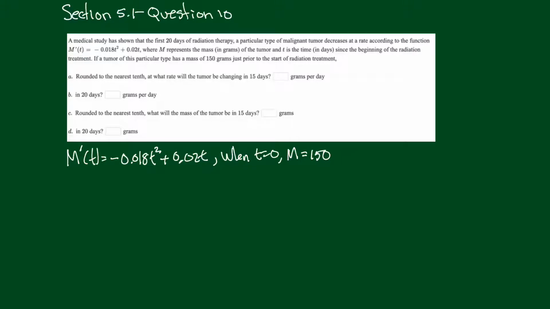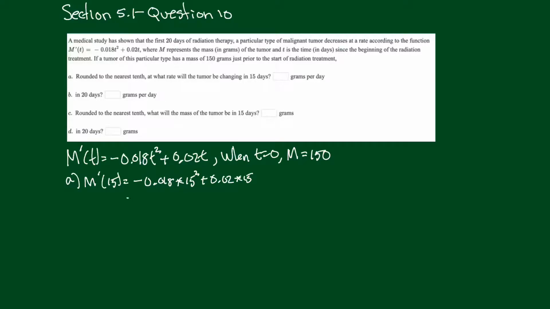So the first question here is this. Rounded to the nearest tenth, at what rate, so I'm thinking derivative, at what rate will the tumor be changing in 15 days? Well, this gives the change as days go by. So in part A, we want to compute m prime of 15. We're going to get negative 0.018 times 15 squared plus 0.02 times 15.